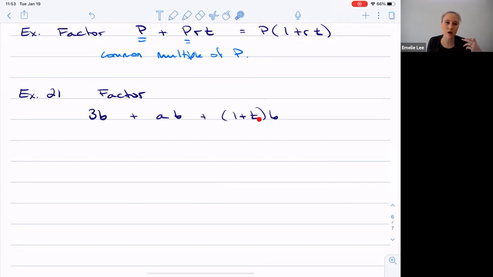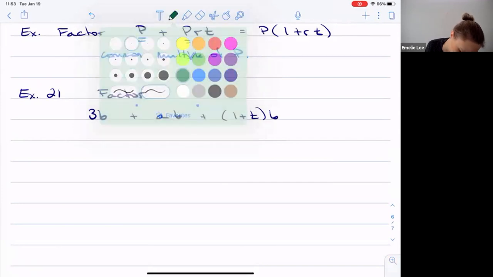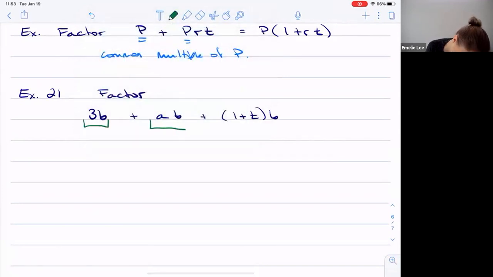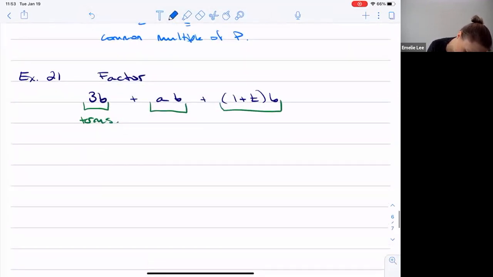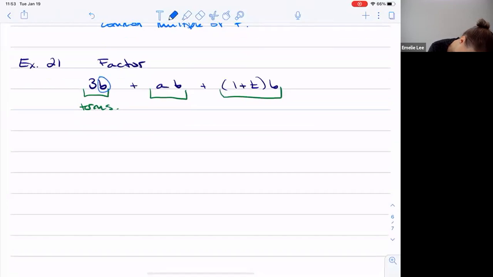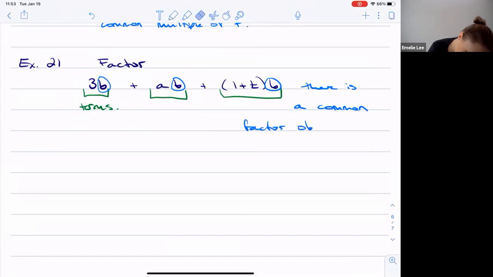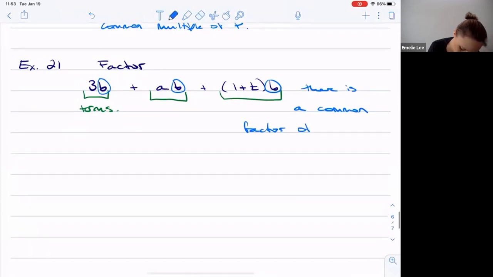And so I've got a common factor of b in each term.